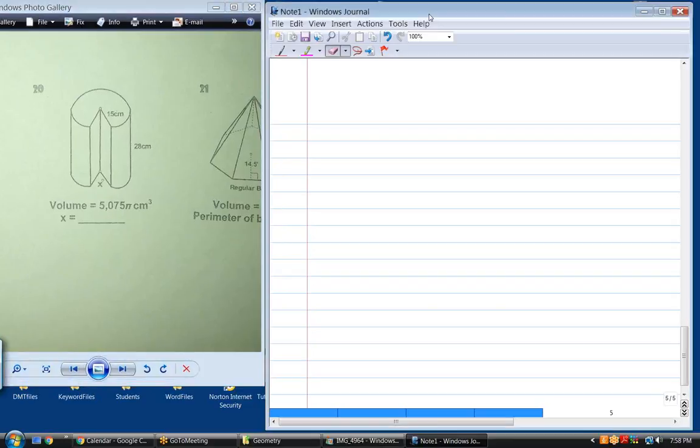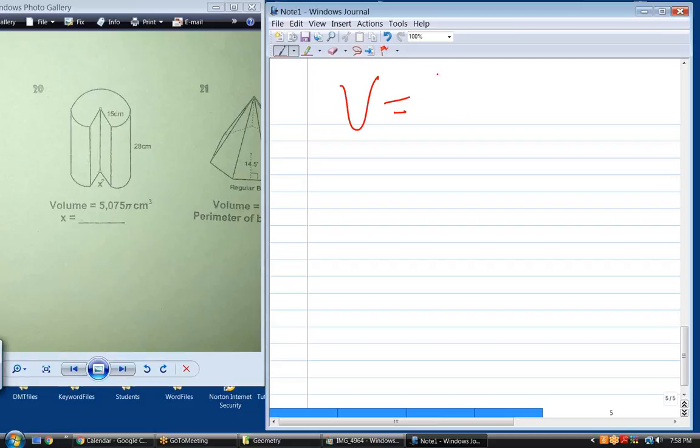Okay, it's the general formula. For 21. 20. Okay. 360 or x over 360 times... Hold on. Let's take the general formula of a right cylinder.